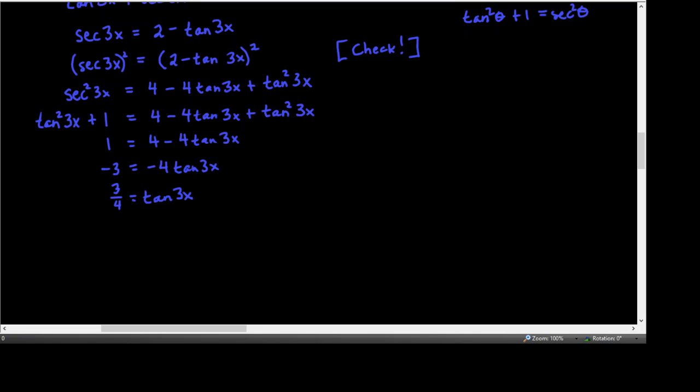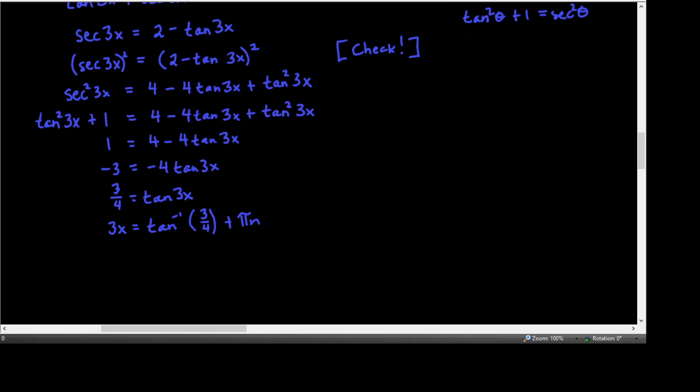Okay. Then to get 3x by itself, I'll need to take the tangent inverse of both sides, keeping in mind that the period of tangent is pi. So to get all answers, I'll need to take that answer and add pi n.